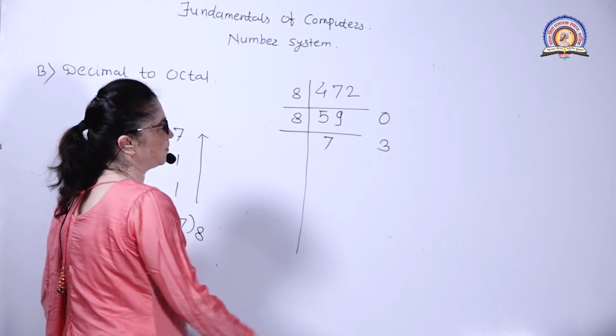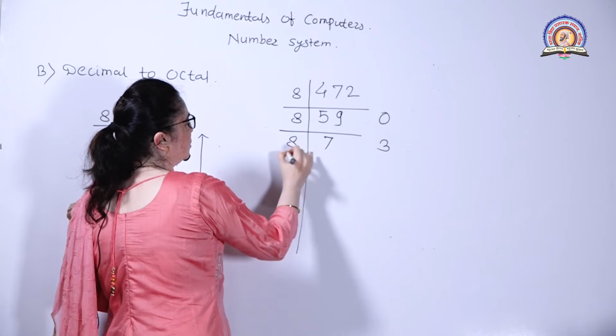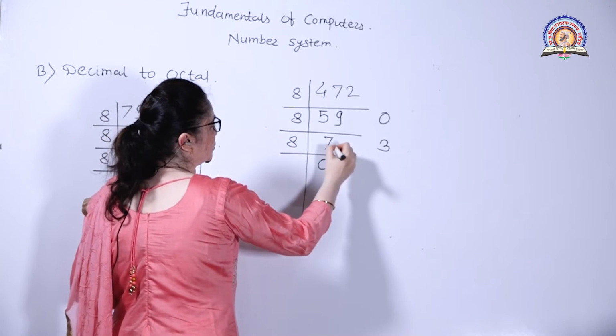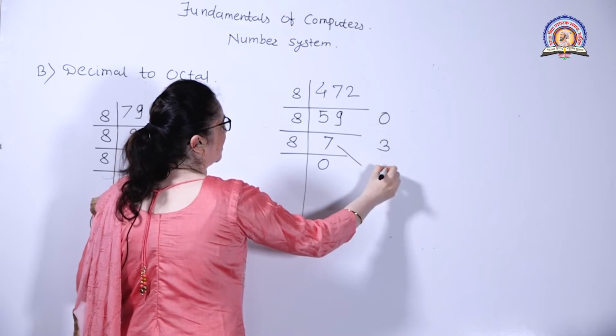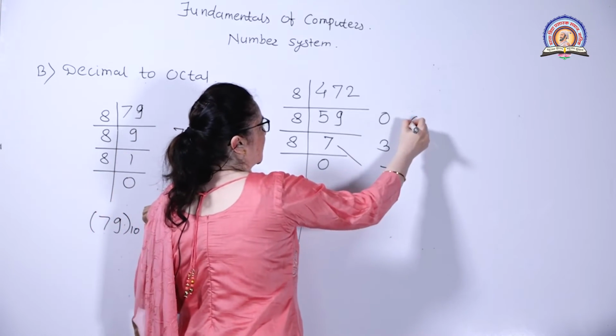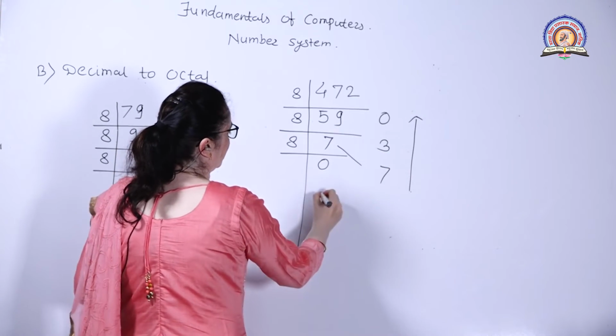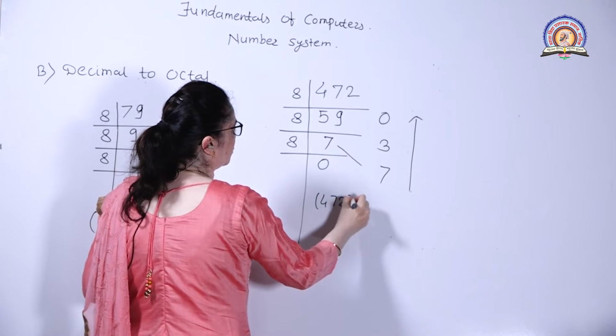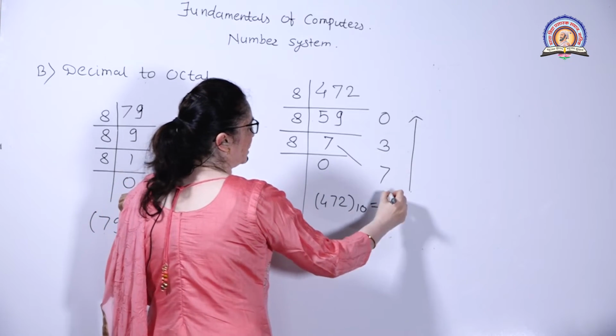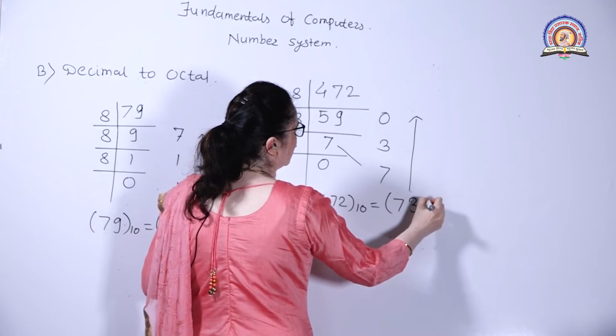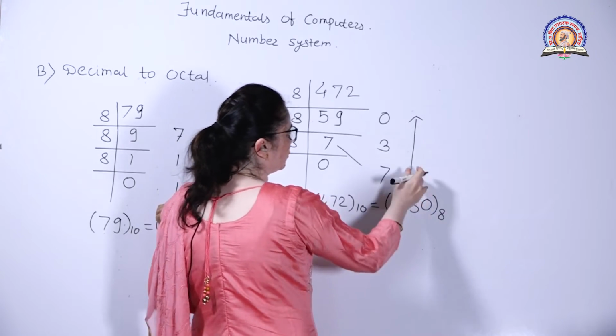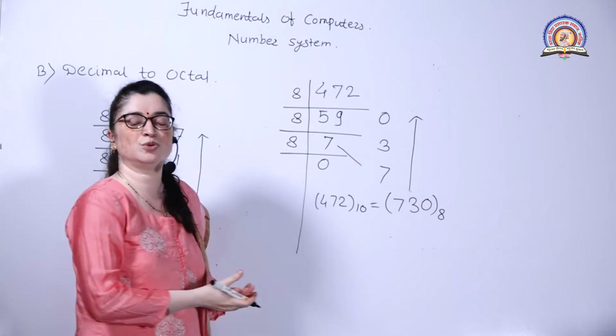Remainder is 3. Again here the quotient will become 0. So we have to write down the remainder as 7. When we consider 472 as a decimal number, its octal equivalent is 730, because we have to write down the numbers from bottom to top.